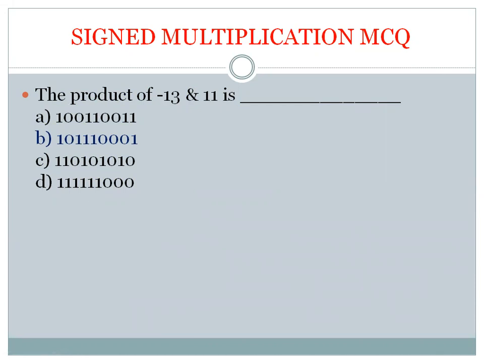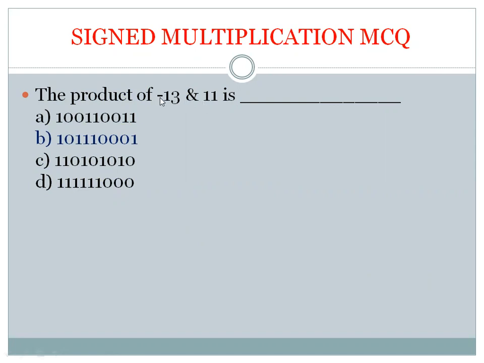While talking about signed multiplication, the first bit is allotted for representing the sign. If the sign is negative, it is 1. If the sign is positive, it is represented by 0 in the binary representation. So what about the result?